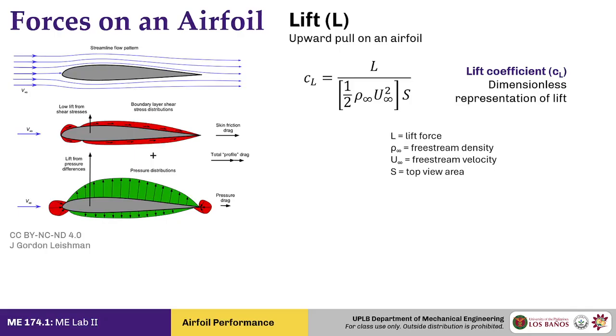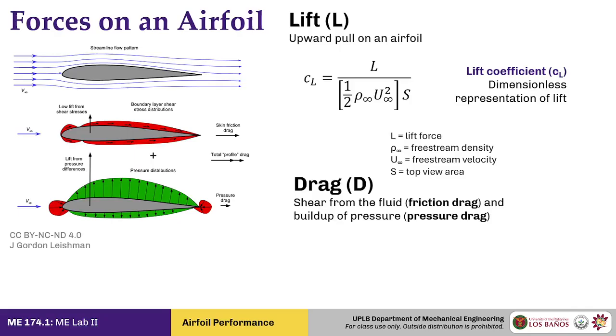Now, if you take the net horizontal effect of the pressure distribution plus the skin friction, you actually get the drag force. As I mentioned, the drag force consists of two parts. You have friction drag from the shear or the boundary layer, and you have pressure drag that is developed from the pressure distribution.